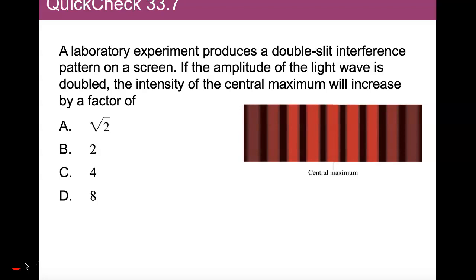Well, we know that all intensities are proportional to amplitude squared, electric field squared. So if you double A, then all intensities get a factor of 4 because they're proportional to the field squared.